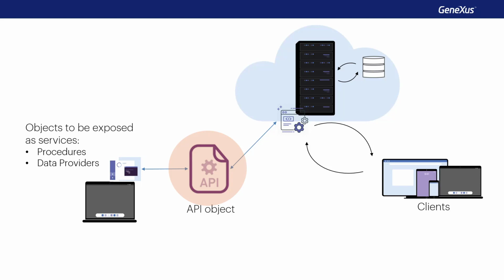The API object adds an intermediate layer that separates the interface from the implementation details, so that future programming changes to objects do not affect the way they're invoked by external applications. For example, a mapping is made between the internal name of the object in the KB and the name with which it's exposed as a service.